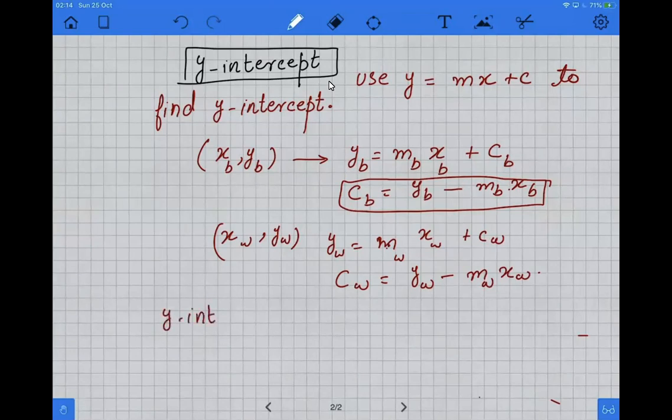now you will write the answer of y-intercept as y-intercept of best will be the answer plus minus the difference.